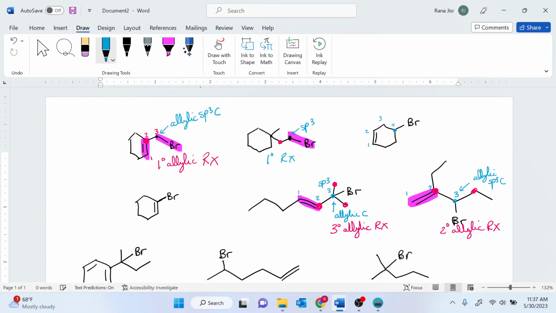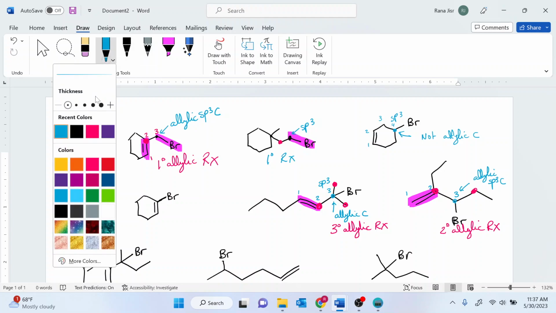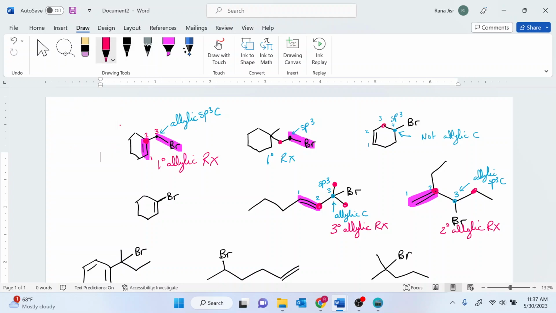So this carbon here is not an allylic carbon, because it is not on position number 3 of the double bond. It is an sp3 hybrid carbon though, so nucleophilic substitution happens in here. But if I want to classify this alkyl halide, it's going to be a regular secondary alkyl halide because it is connected to two carbons.